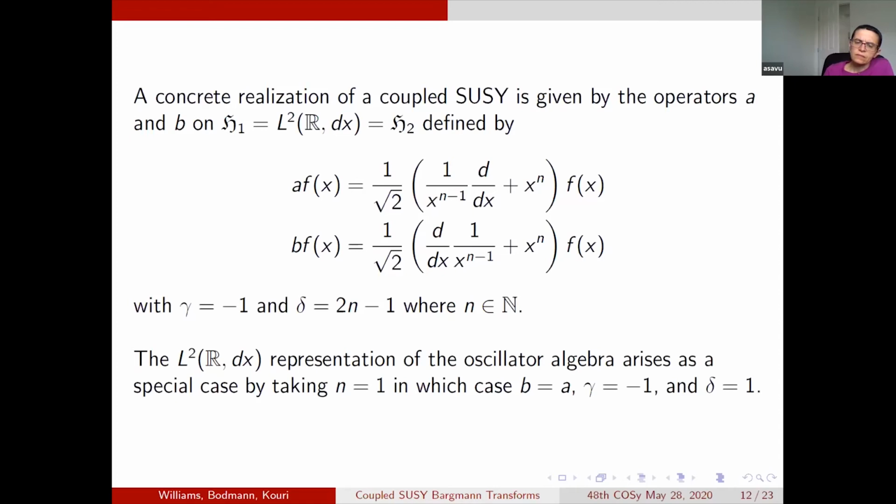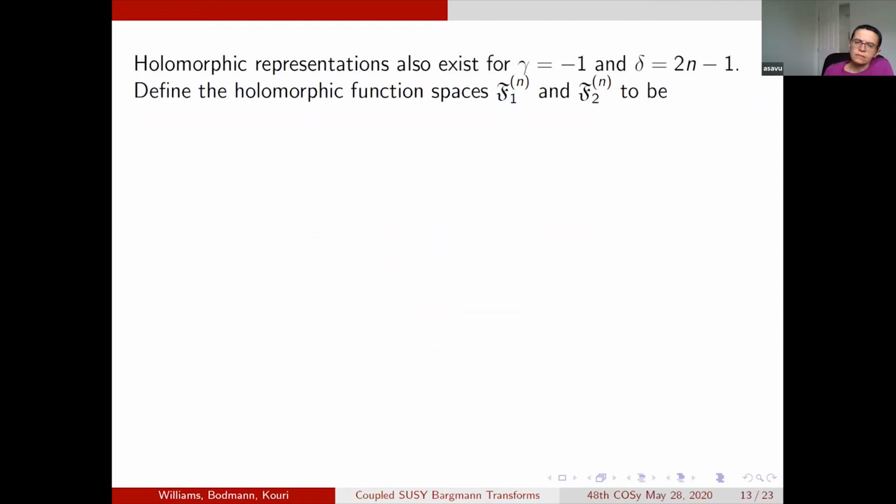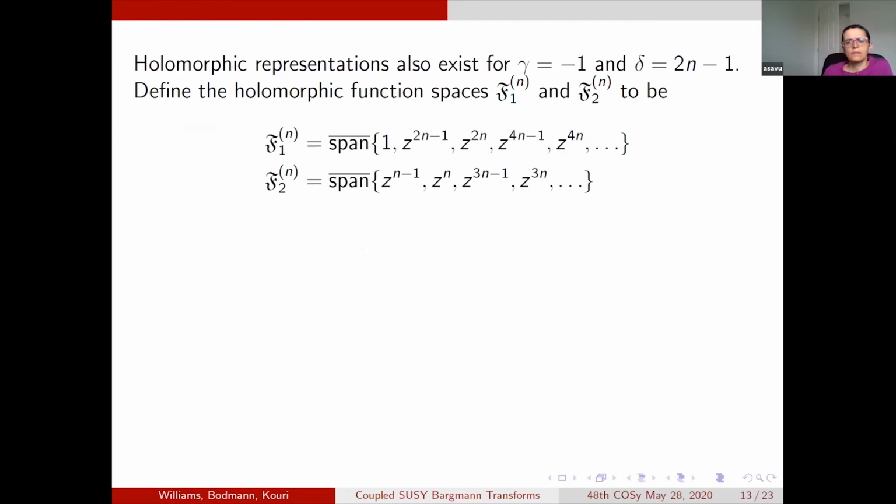So the Bargmann transform should pop out. There's actually holomorphic representations, and those are nicer than what we just saw. So I define these two function spaces. I use F because of the Fock space being so closely related to Siegel-Bargmann. And notice that I skipped terms in the series. Usually the Bargmann space has all powers of z. I have to omit some.